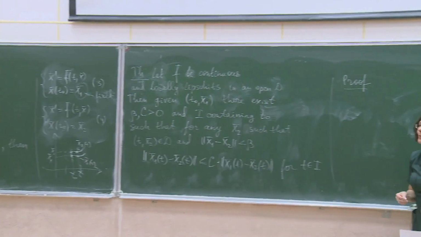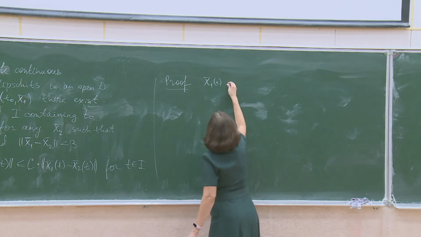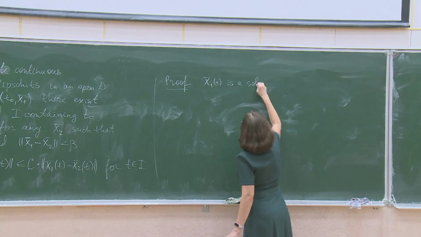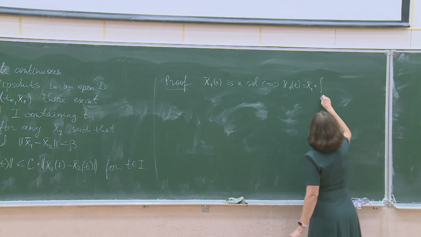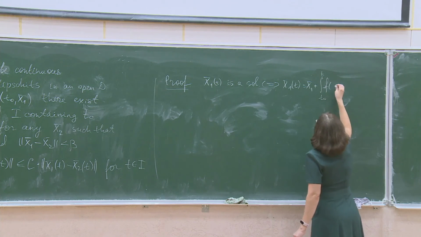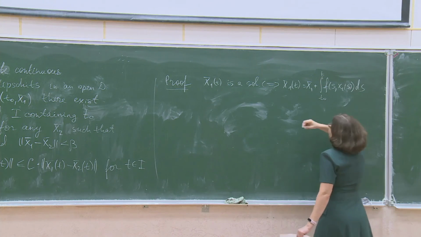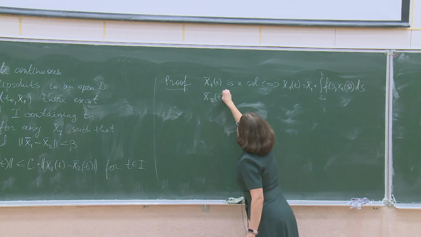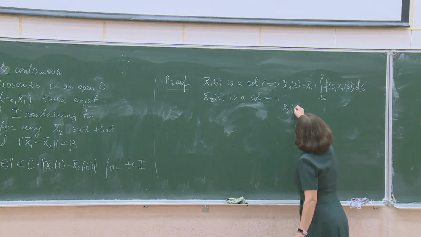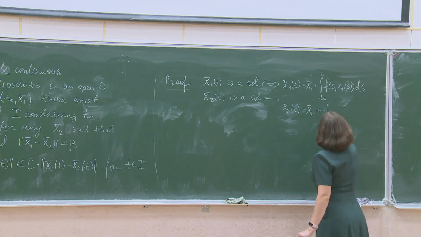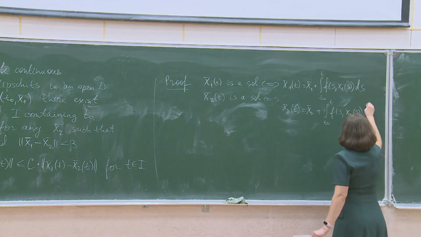The first lemma which was proved today was the following. x1 of t is a solution if and only if x1 of t can be represented as x1 plus the integral from t0 to t of f of s, x1 of s ds, and x2 of t is a solution if x2 of t is equal to x2 plus the integral from t0 to t of f of s, x2 of s ds.